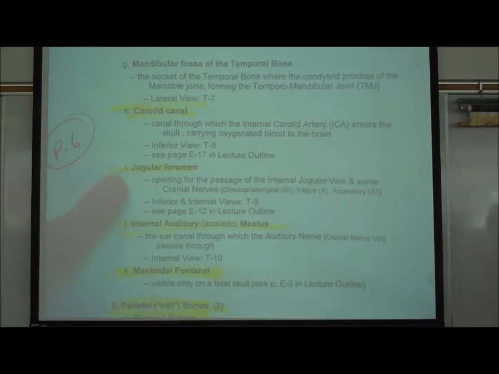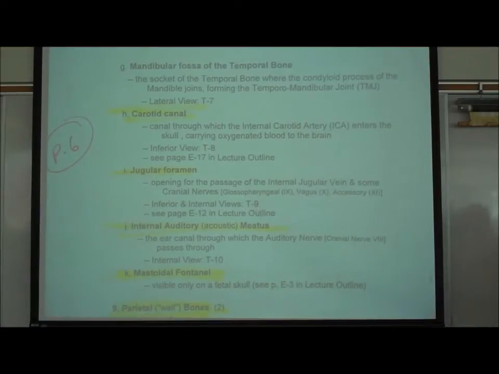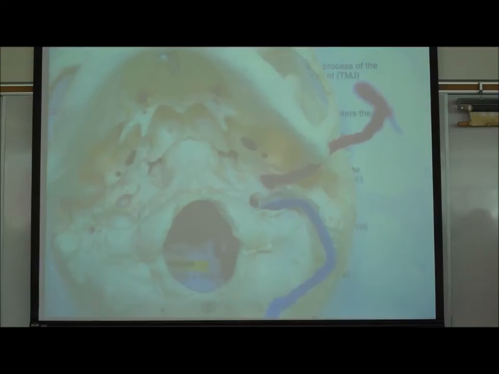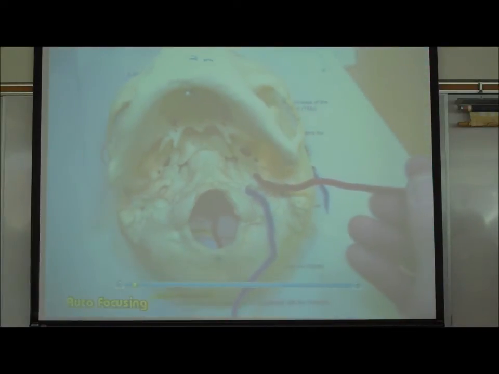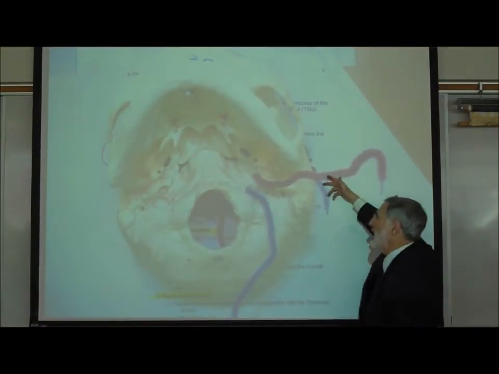Now the next two terms, the carotid canal and the jugular foramen. What the red wire represents is the internal carotid artery. And the internal carotid artery is arguably one of the most important blood vessels in the body.